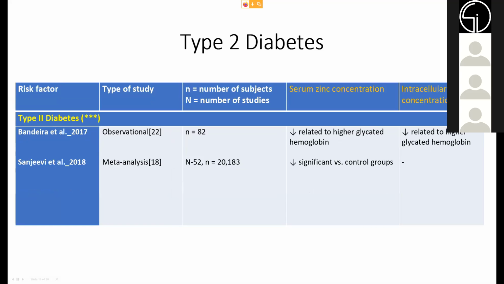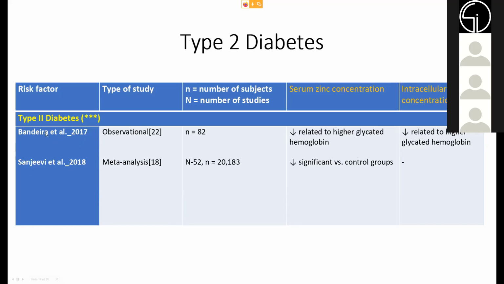Then there are studies done on diabetes. Diabetes also seems to increase the risk of zinc deficiency, because diabetic patients excrete more zinc in the urine. This was shown in an observational study of 82 persons, where a higher level of glycated hemoglobin went with a significantly lower serum zinc concentration as well as intracellular zinc concentration.